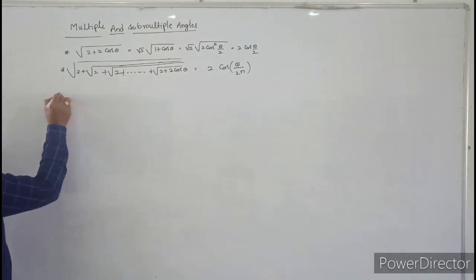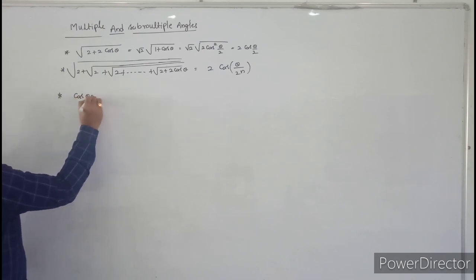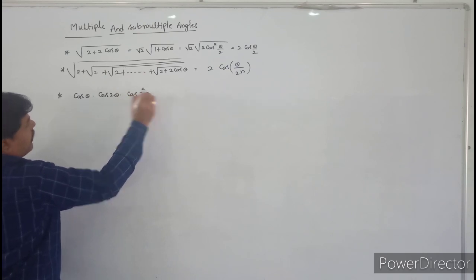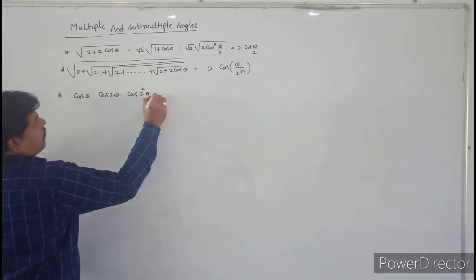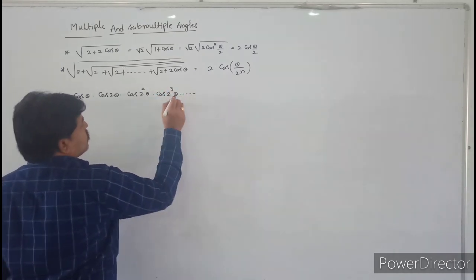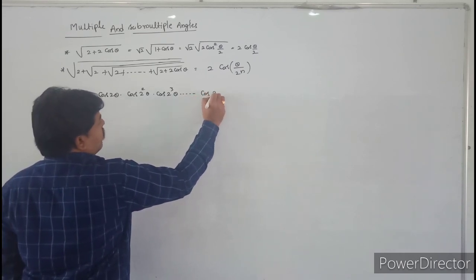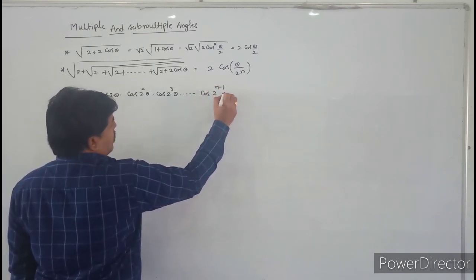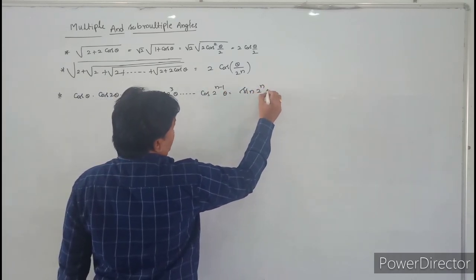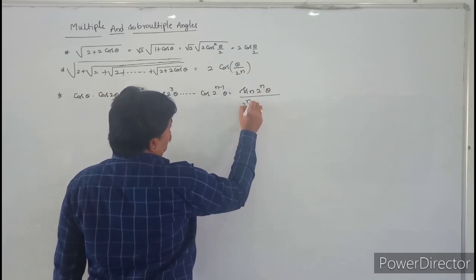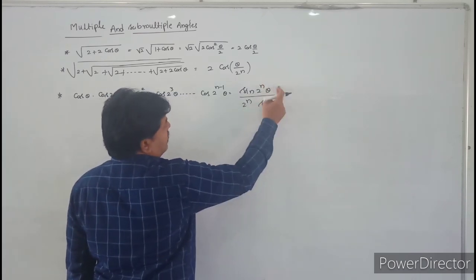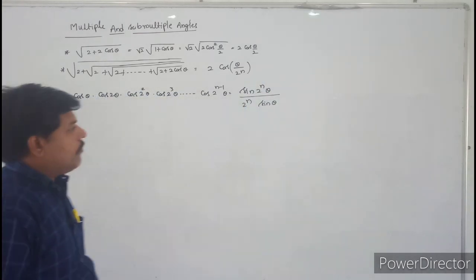Cos theta, cos 2 theta, cos 2 square theta, cos 2 cube theta and so on, up to cos of 2 power n minus 1 into theta, is equal to sin of 2 power n theta by 2 power n into sin theta. Very important formula.